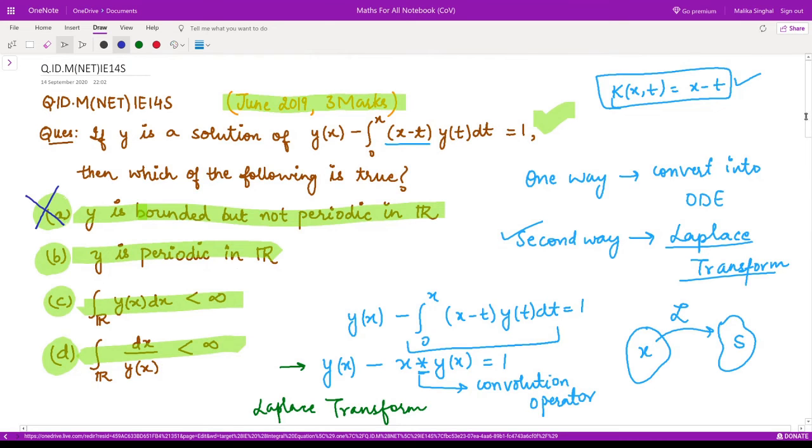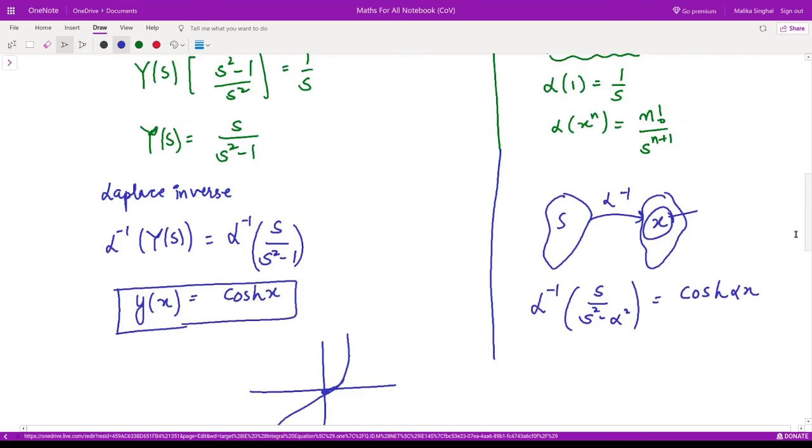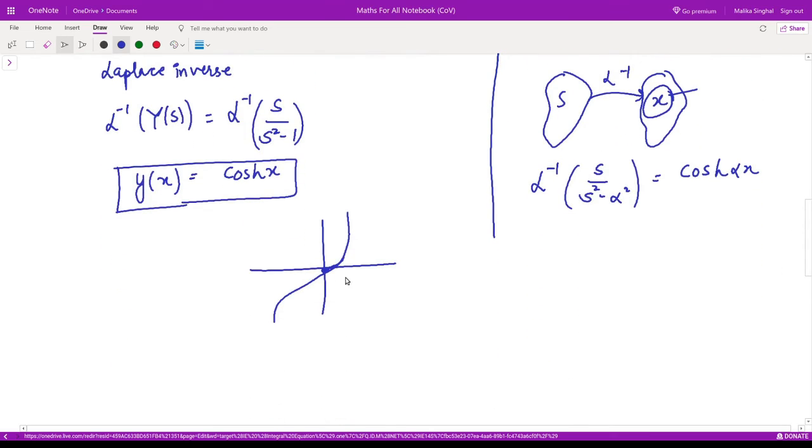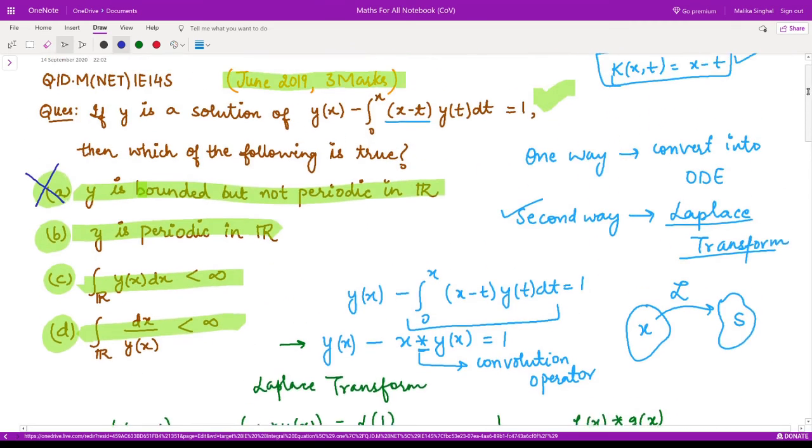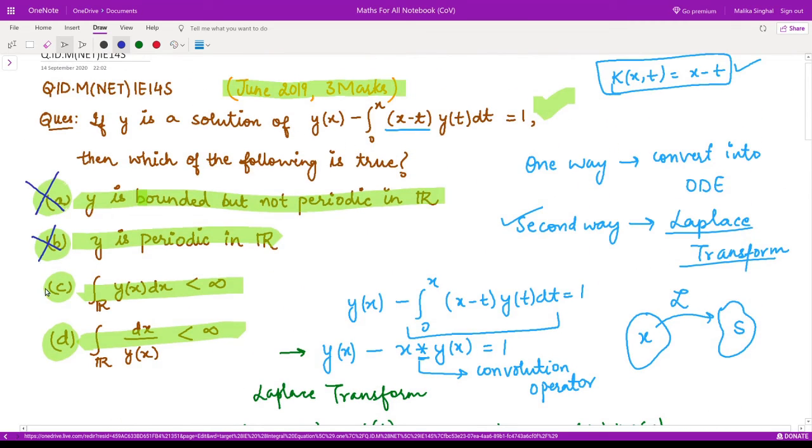Is it periodic? Can you see any period or any interval after which this function is repeating? No, we cannot. Therefore, this function is also not periodic. So this option is also incorrect.